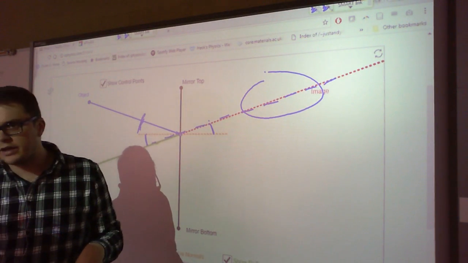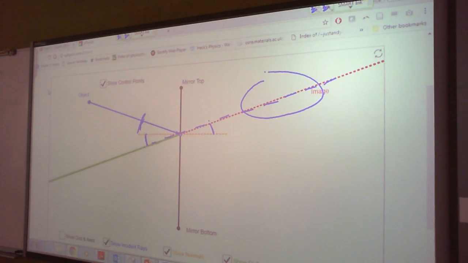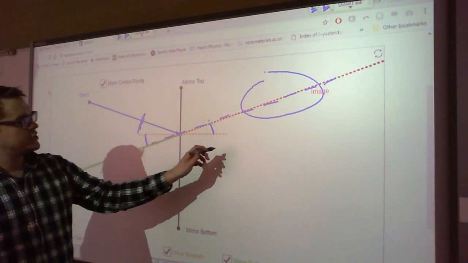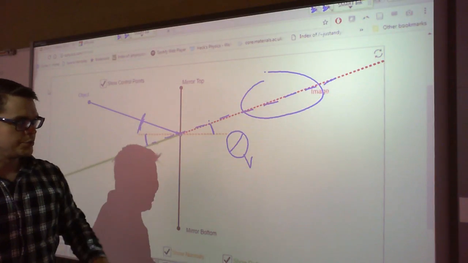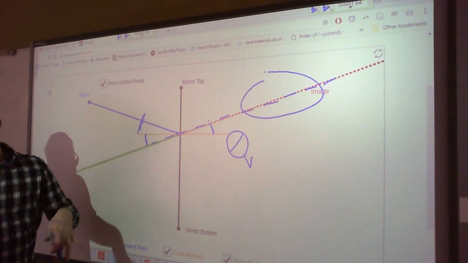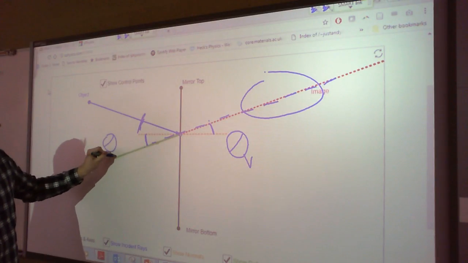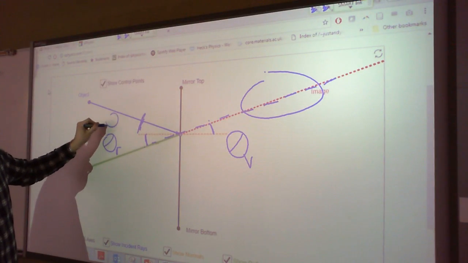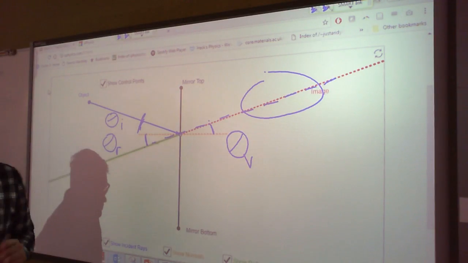So that's why on your handout, I say theta I is equal to theta R, which is also equal to that theta. In last class period, we started calling this theta V, because we call this the virtual image, and this is the virtual angle. Whereas this is theta R, our reflected angle, and this is theta I, our incident angle.